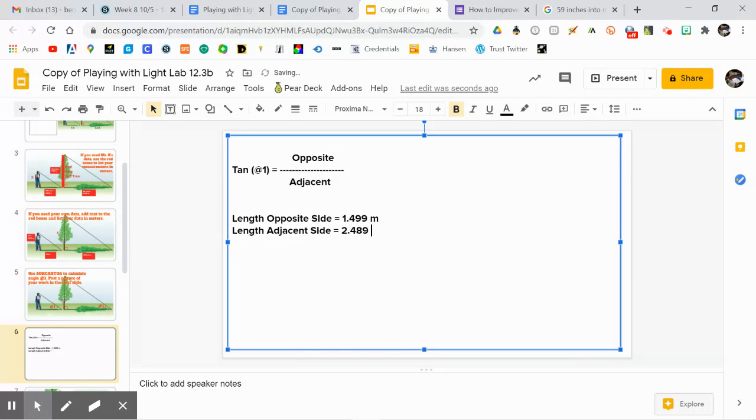Then we just plug those numbers into our equation.